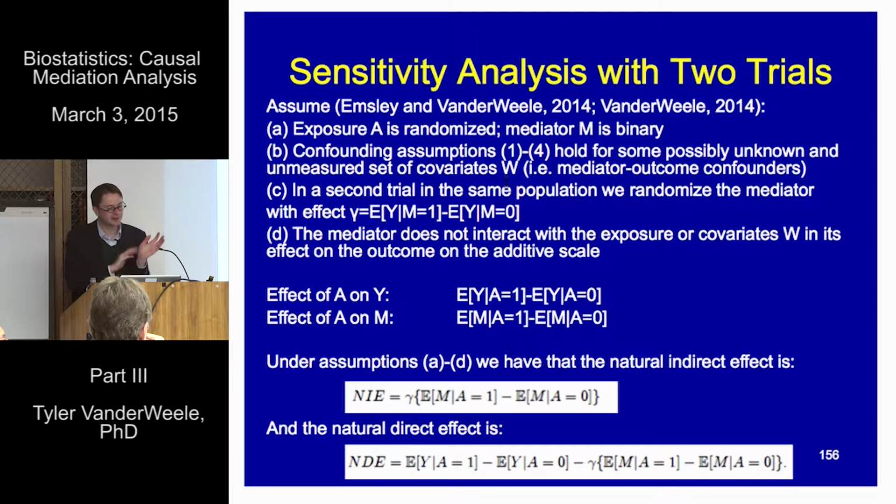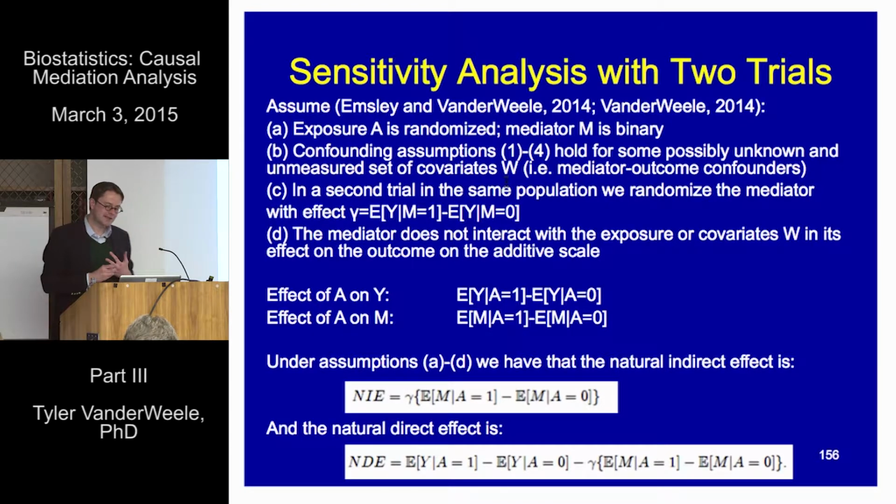But we'll get to that as a second stage, but if we could actually randomize everything, what we're going to end up doing is splitting the sample and randomizing just the intervention in one half of the sample, and randomizing both the intervention and the mediator in the second sample. But we'll get there later. Right now, we're going to do something a bit simpler, and we'll move towards that sort of design.